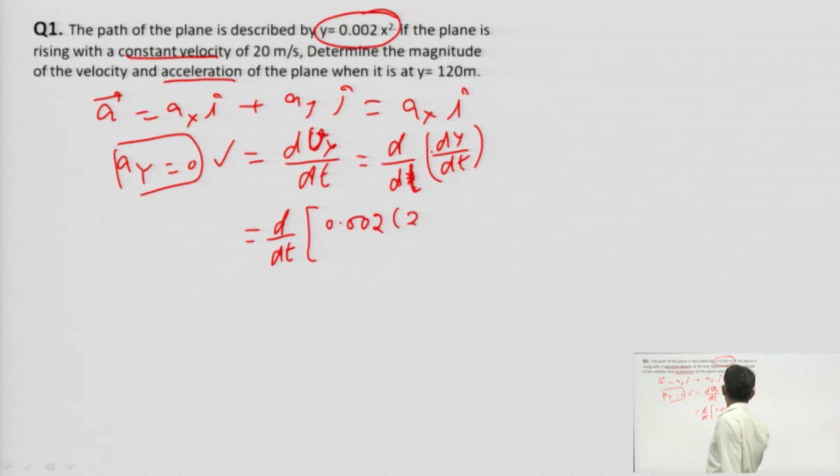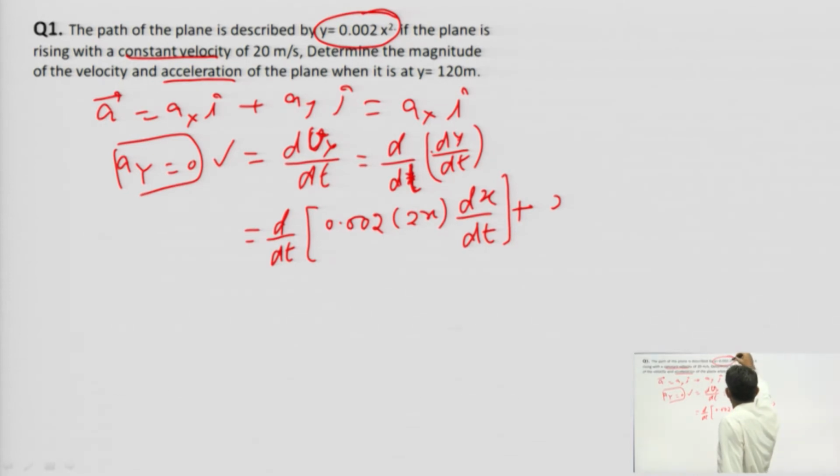So it is 0.002 into 2x, that is dx by dt, plus dx by dt, dy by dt.